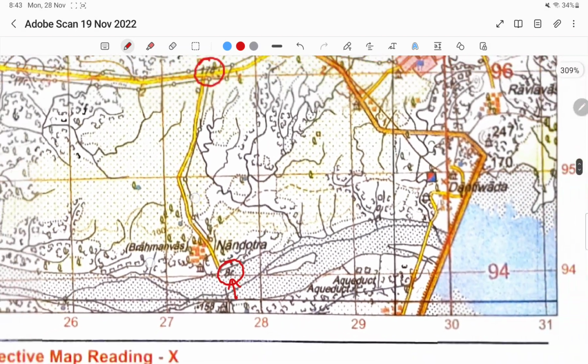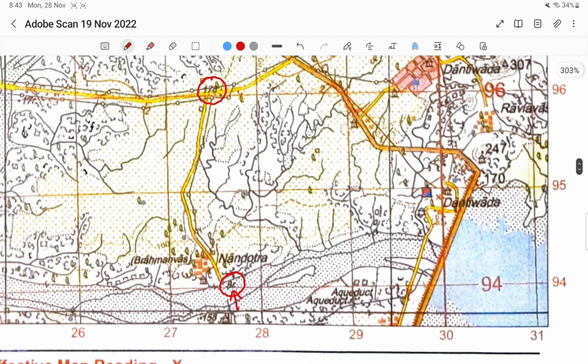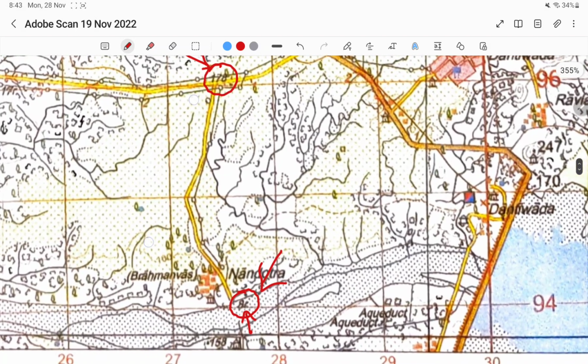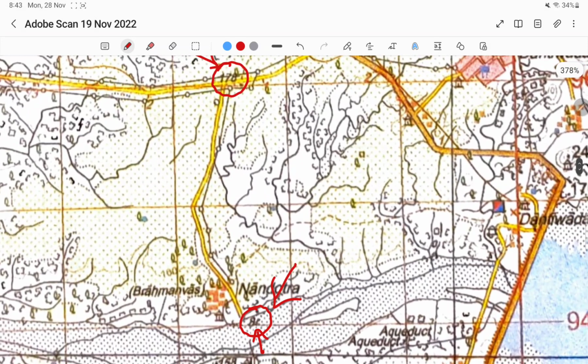So we basically need to measure the distance from this point to this point. For measuring the direct distance, as you already know, in board exams only direct distance comes. This can be done in two basic steps.